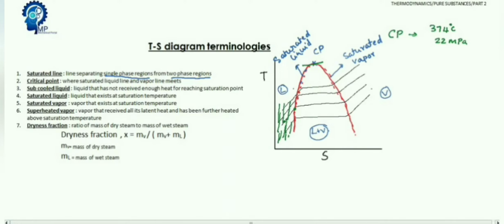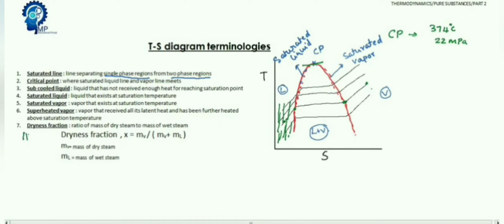The saturation point is the point on the saturated line. So here we have saturated liquid, and we have saturated vapor on the vapor side. Superheated vapor is the vapor which receives more energy than the vapor at the saturation point.